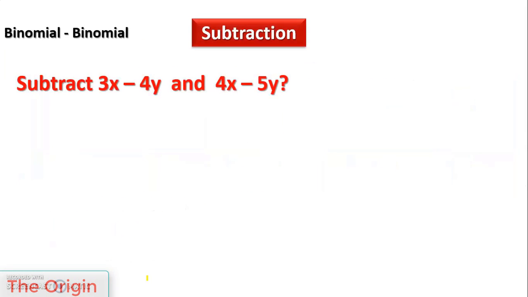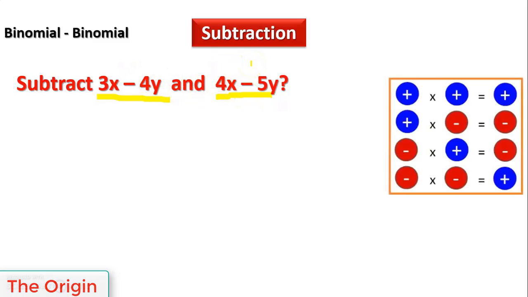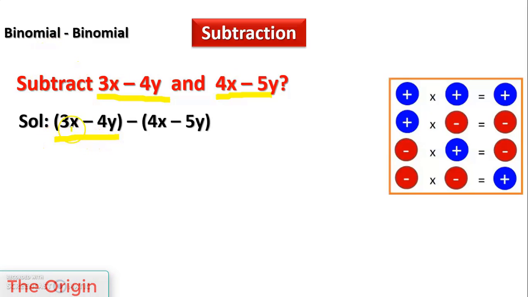Next one, binomial by binomial subtraction. Subtract 3x minus 4y and 4x minus 5y. 2 terms and 2 terms are here. First one, keep the brackets here: 3x minus 4y bracket, minus subtract, and bracket open 4x minus 5y.